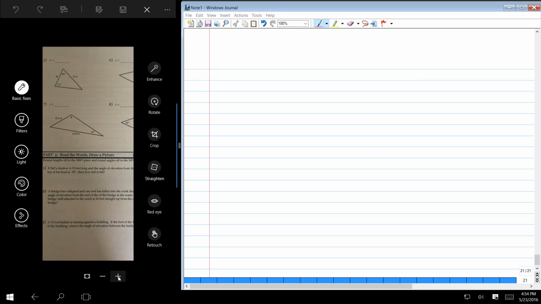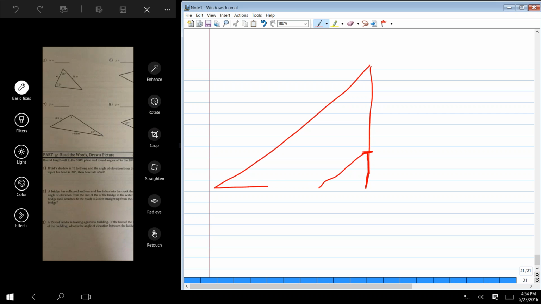Didn't we have one the other day that said a cliff cast a shadow, and that a 6-foot tall person standing at the base of the cliff, what kind of shadow is he going to cast? Yeah. The reason I made fun of it was, if the cliff is casting a shadow, how are you going to see the shadow of this 6-foot tall guy?